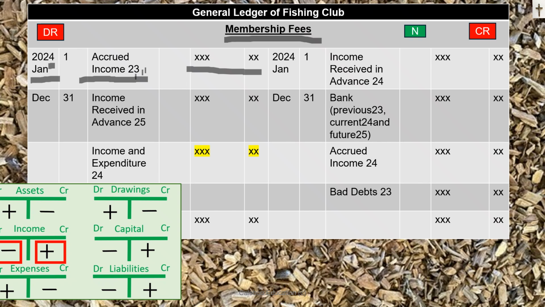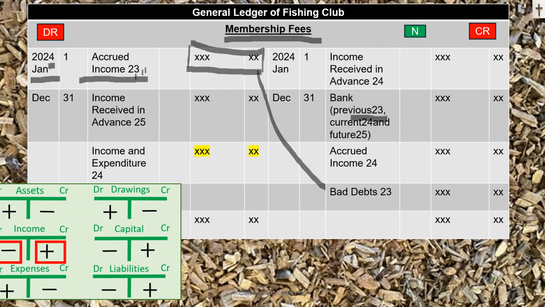Then we will see what happened to that accrued income. And of those members that were in arrears from last year, there will most probably be bad debts, and then there will also be money collected from 23 in the current year.